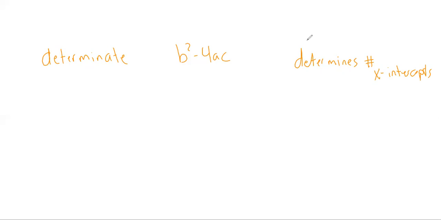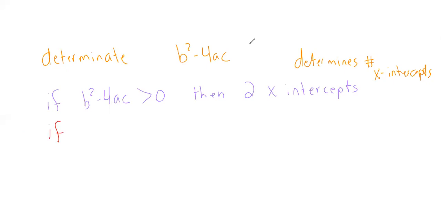So, if the discriminant is greater than 0, then you'll have two x-intercepts. If it is equal to 0, then you have one x-intercept.